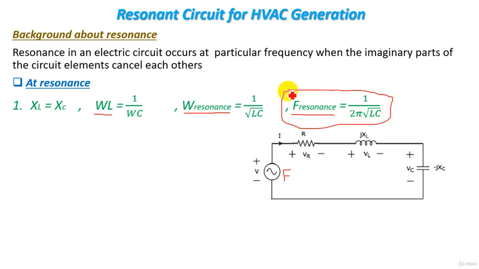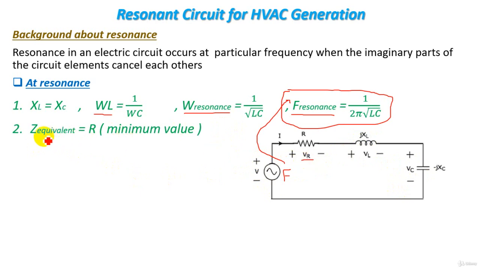So what is the meaning of that? If the supply frequency equals this resonance frequency, 1 over 2π root LC, this means that resonance will occur. Also, at this moment, as the effect of the capacitor cancels the effect of the inductor, the supply will see only the resistance.